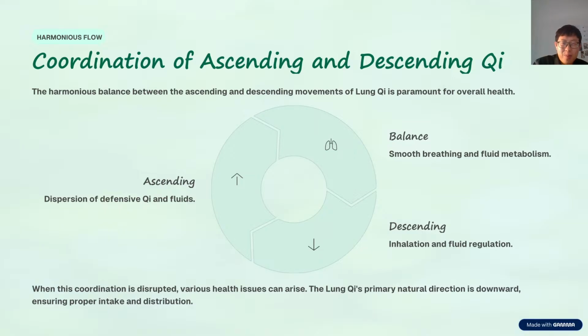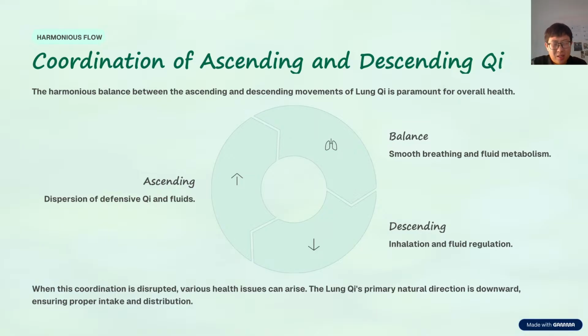When both are disturbed, respiratory and fluid metabolism disorders can occur simultaneously. Although lung energy moves in all directions, its primary tendency is downward and cleansing.